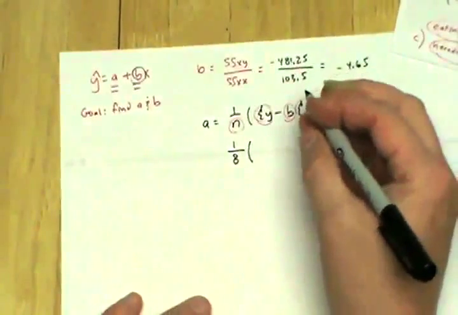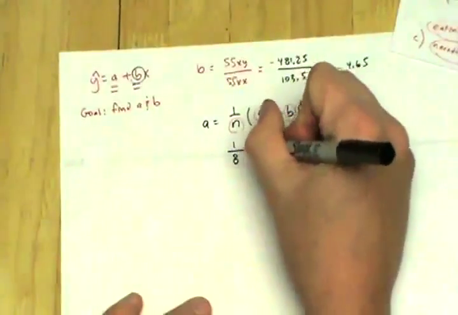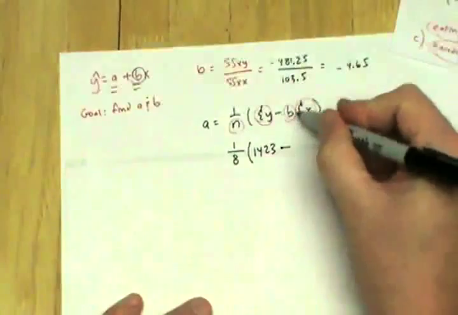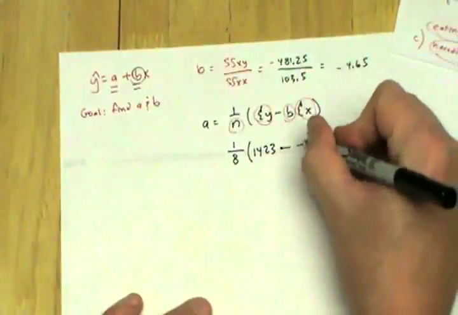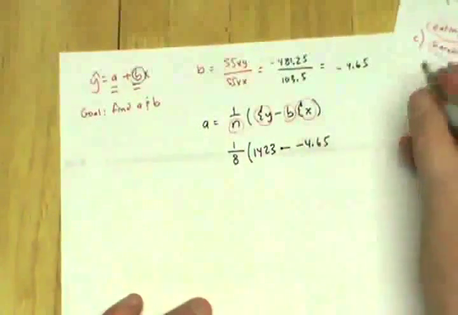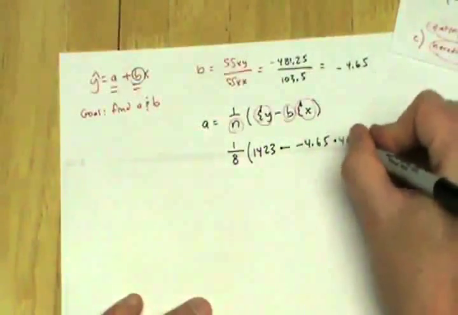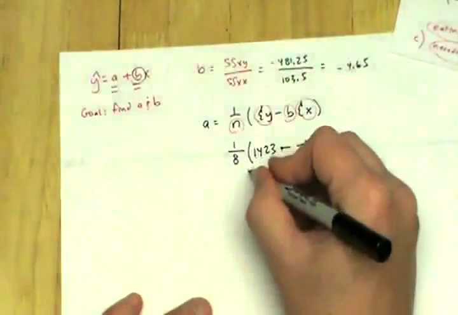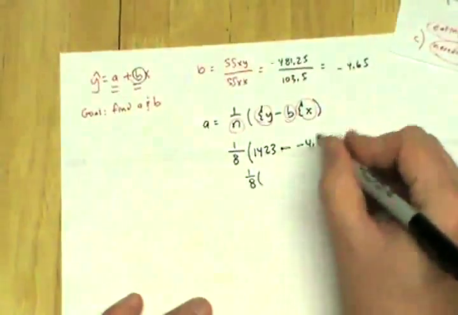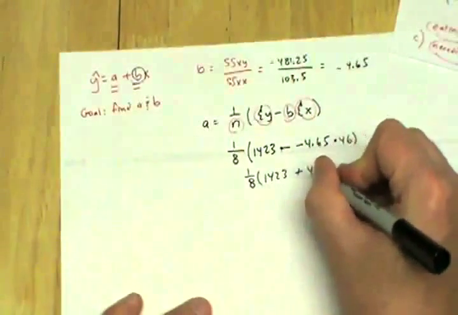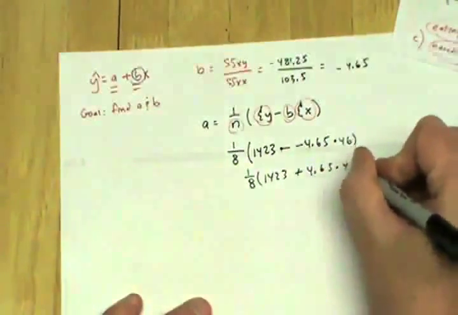The summation of y, if we look previously, was 1423. Be careful now, we're subtracting in our formula, and then b happens to also be a negative, times the summation of x, which was 46. That double negative ends up being a positive, and sometimes you get a double negative, sometimes you don't. In this case we did, so we end up with 1423 plus 4.65 times 46.